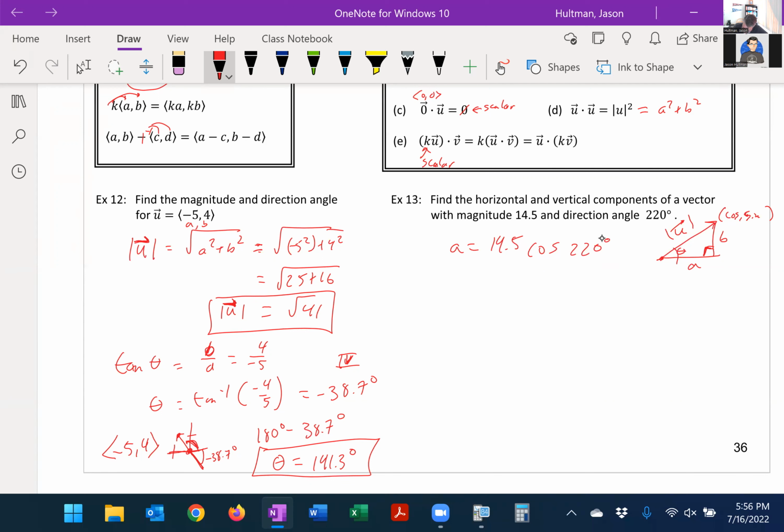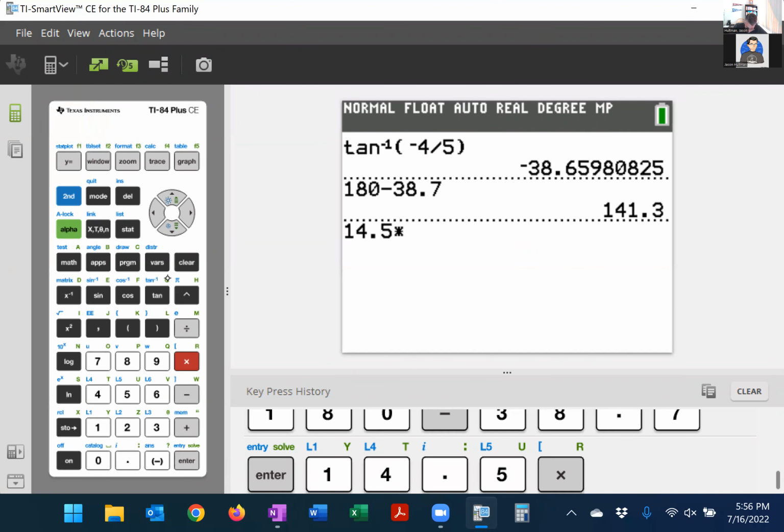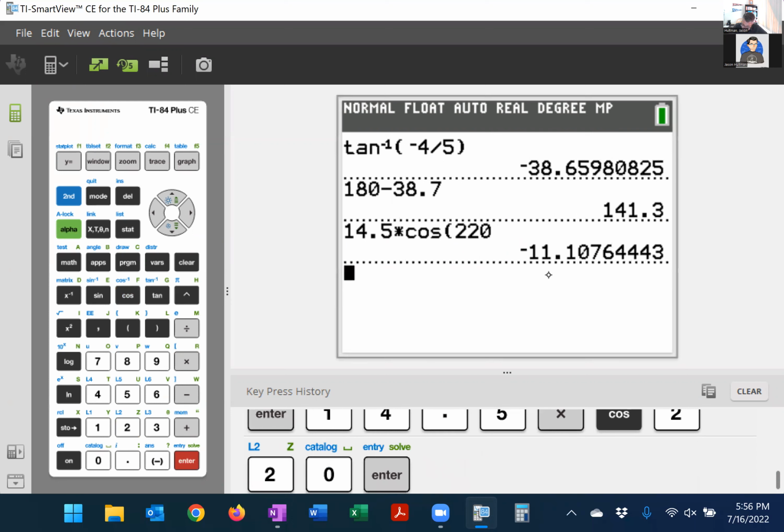So A is approximately what here? 14.5 times the cosine of 220 is negative 11.1.